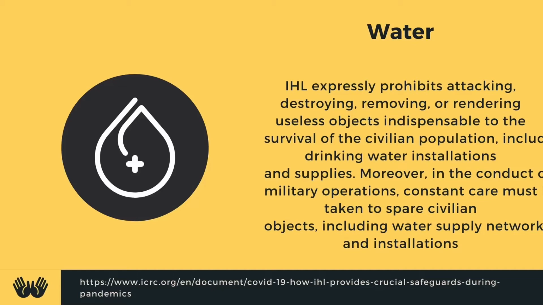International humanitarian law prohibits attacking, destroying, or removing objects indispensable to the survival of the civilian population, including drinking water installations and supplies. Moreover, in the conduct of military operations, constant care must be taken to spare civilian objects, including water supply networks and installations.